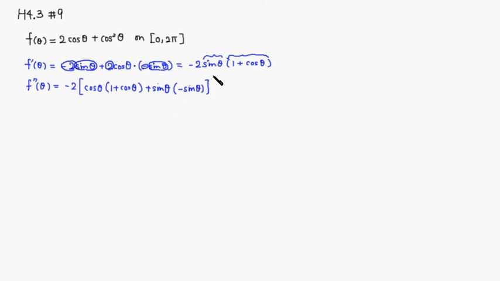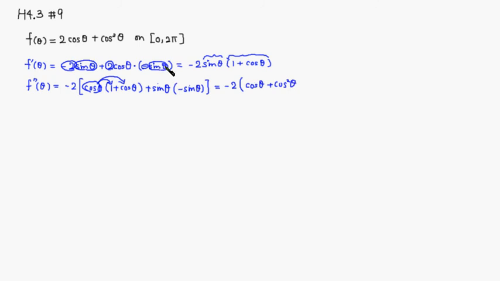So then we just need to simplify a bit. I'm going to just multiply out. So you have a negative 2 outside, then you have a cosine of theta times 1, so it's cosine of theta. Cosine of theta times cosine of theta, so it's going to be plus cosine squared of theta.